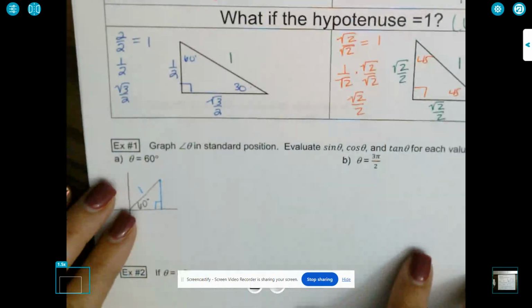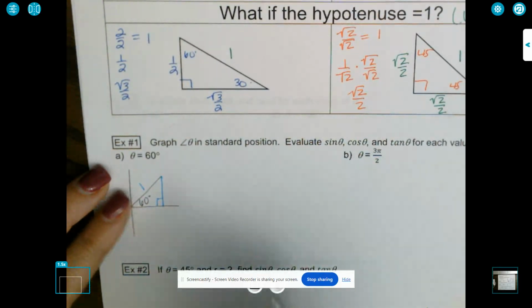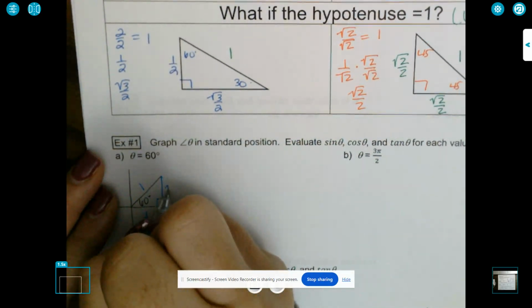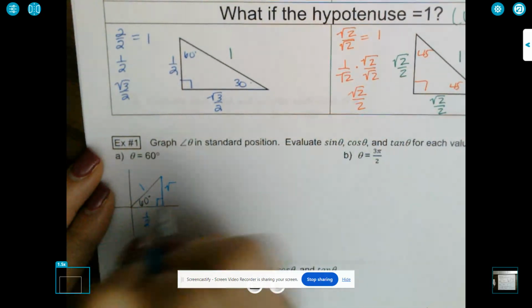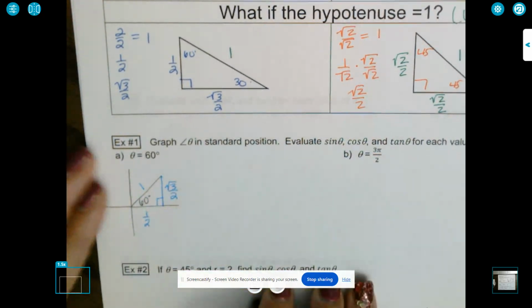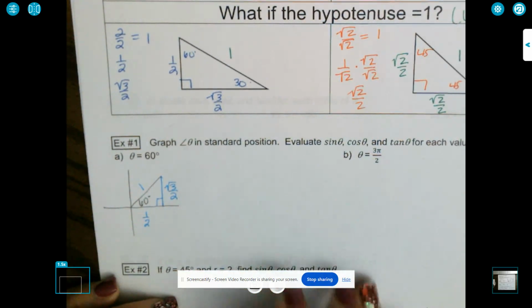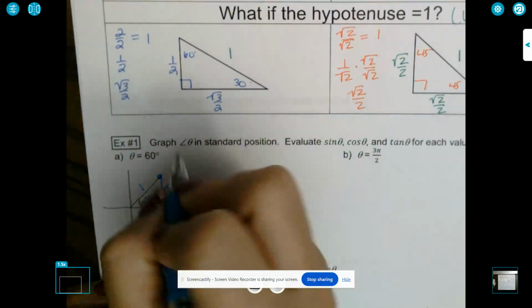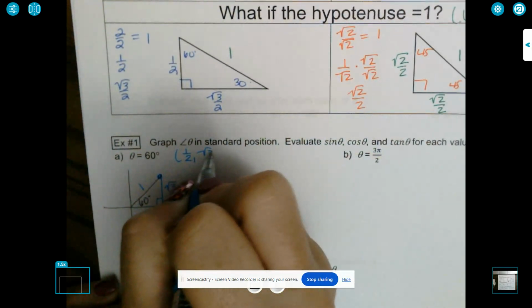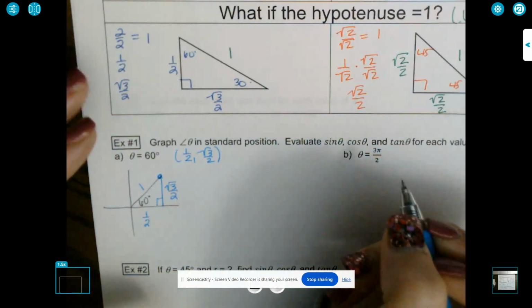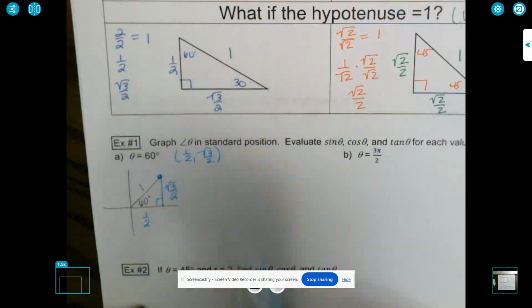If we flip that, that means our bottom down here is going to be 1/2, so this is our x value, 1/2, and our y value is the square root of 3 over 2. So that is the ordered pair. If I wanted this point right here, that is the ordered pair, 1/2, square root of 3 over 2. X being 1/2, y being the square root of 3 over 2.